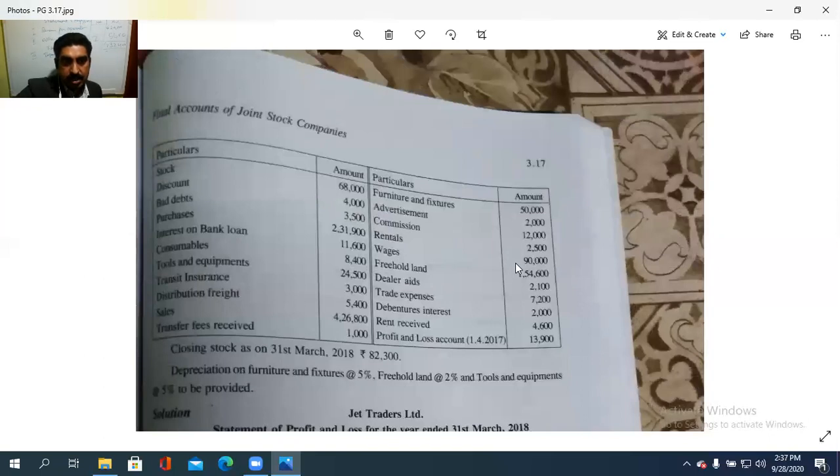Stock, discount, bad debts, purchases, interest on bank loan, consumable stores, tools and equipment, transit insurance, distribution freight, furniture and fixtures, advertisement, commission, rentals, all are expenses. Wages, freehold land, dealer aids, trade expenses, debenture interest. Rent received we already took, and the profit and loss account balance.